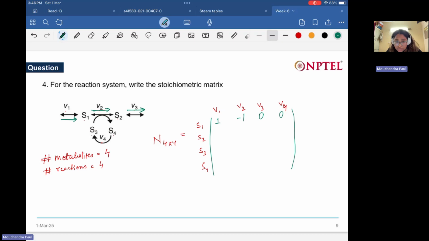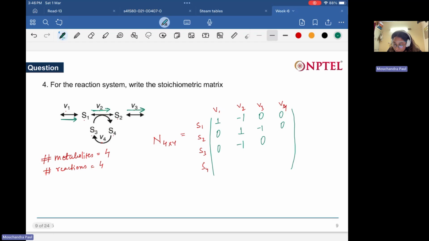Then if you look at metabolite 2, S2 is not involved in reaction 1. S2 is the product in reaction 2. S2 is the reactant in reaction 3, and it is not involved in reaction 4. Then if you look at S3, S3 is not involved in reaction 1. S3 is the reactant in reaction 2. S3 is not involved in reaction 3.